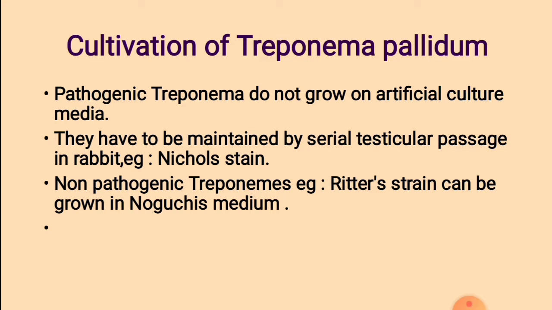And non-pathogenic treponemas, example Reiter strain, can be grown in Noguchi's medium. Noguchi's medium is a lipid supplemented fluid medium used mainly for cultivating Bordetella, Brucella, Borrelia, Treponema, Corynebacterium, etc.